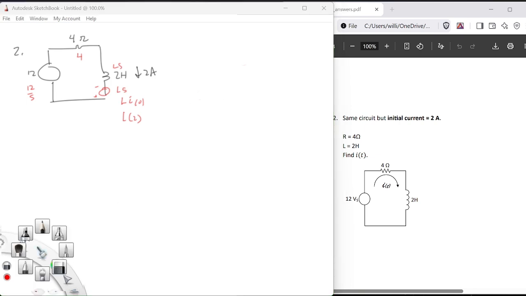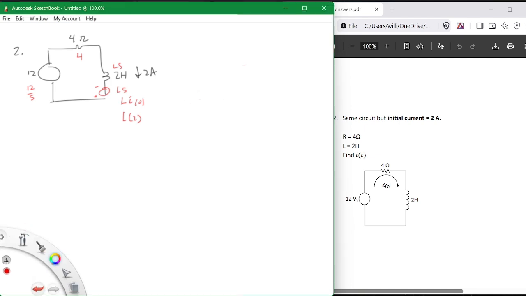We can do that. Okay, so let's go back up here. The color is still red.